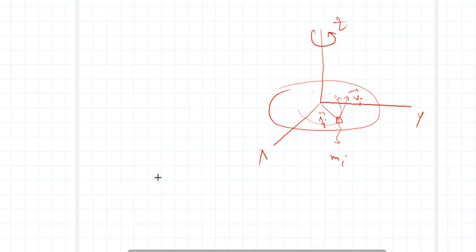Now the kinetic energy of this is given as, if it is a rigid body, then its kinetic energy is the sum of 1 by 2 mi vi square over the large number of mass objects in this body.